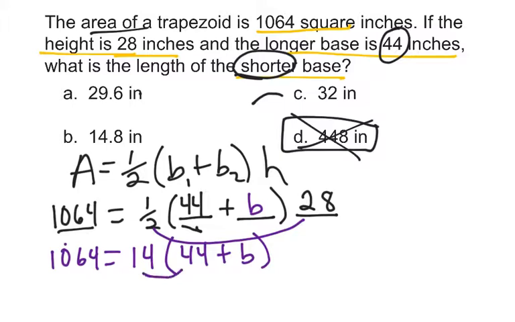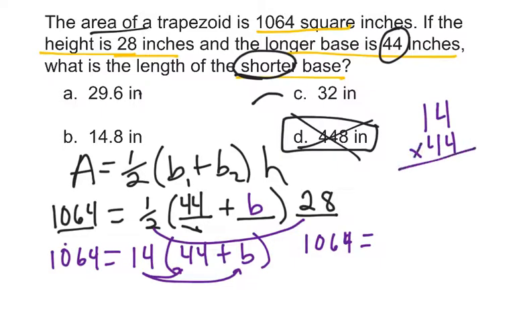Again, using the distributive property, we have 1064 equals 14 times 44, which is going to give us 56, and then 56 again, which is going to give us 616.